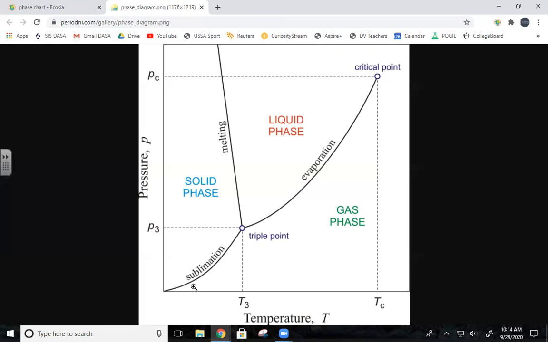You are so cold, portions of your body want to freeze, but the water inside of your veins, even though it's getting very cold, wants to boil away because it's in the gas phase of this phase chart. Because the pressure is so low, even though the temperature is really low, it wants to boil away.